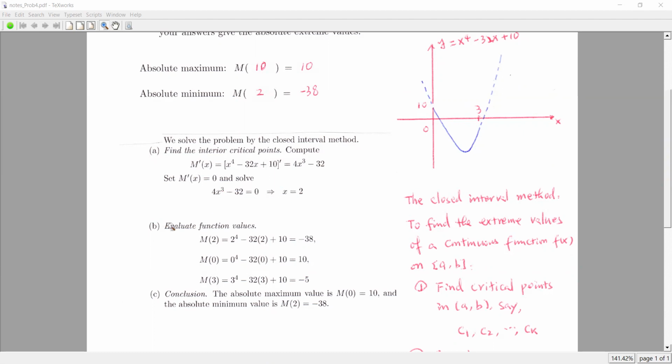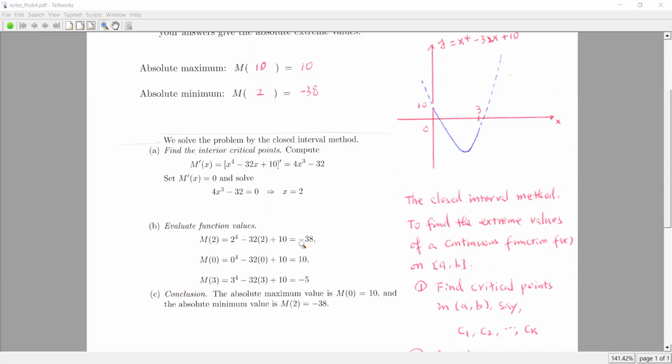Step 2, evaluate function values at this critical point and also at the left endpoint, the right endpoint of the given interval. The function values are these numbers. Step 3, make conclusion.